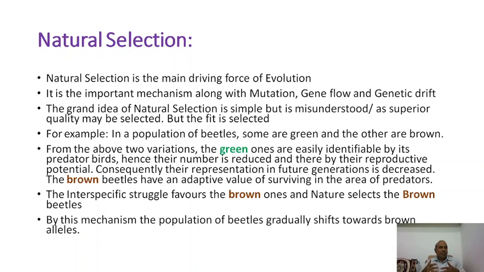So ultimate selection occurs only when there is reproductive success. Most of the time, superior individuals will win the struggle. An individual with a superior quality will win the struggle, but if it doesn't have reproductive potential, the winning will be in vain.